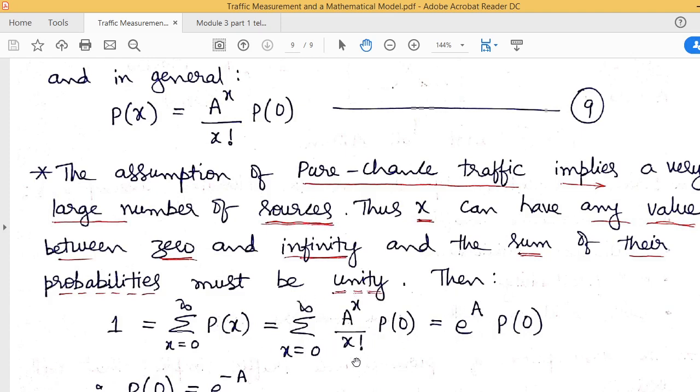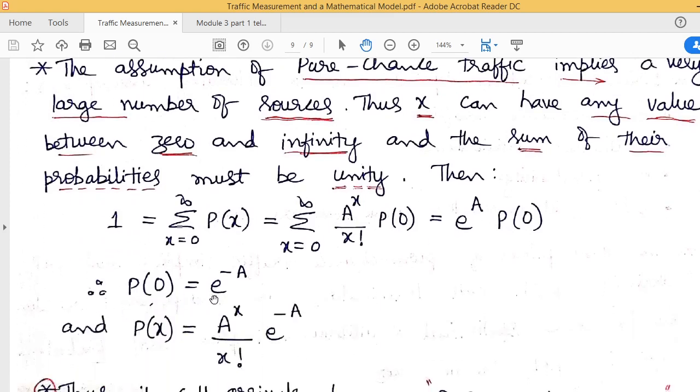So we can write it as E power A into P of 0. So we know 1 is equal to E power A into P of 0. By this I can write P of 0 to be E power minus A. If I take this E power A to the LHS, it becomes 1 by E power A, which is nothing but E power minus A.